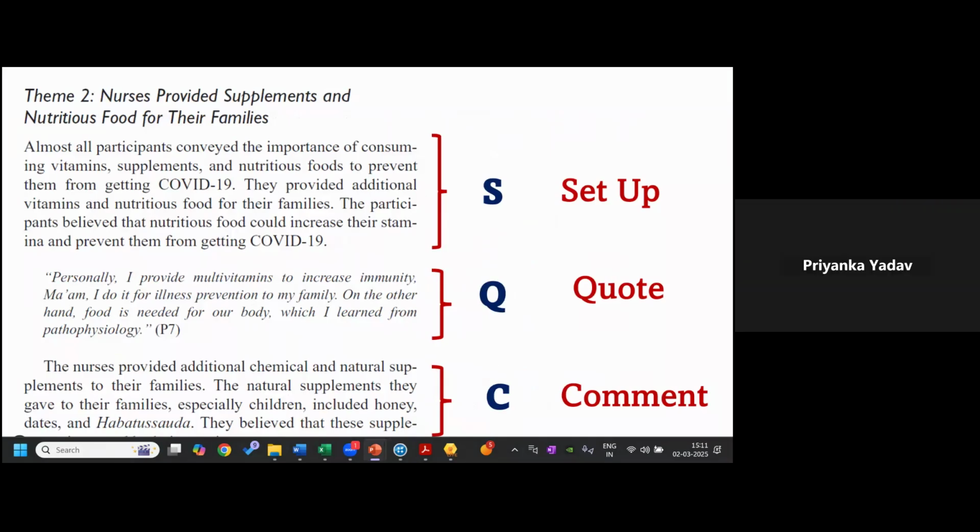Theme 2, nurses provided supplements and nutritious food for their families. Almost all participants conveyed the importance of consuming vitamins, supplements, and nutritious foods to prevent them from getting COVID-19. They provided additional vitamins and nutritious food for their families. The participants believed that nutritious food could increase their stamina and prevent them from getting COVID-19.